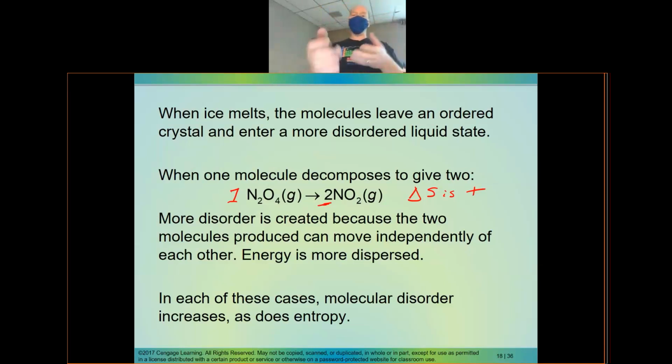You have to get your chart and take products minus reactants for delta H to determine if it is endothermic or exothermic. But we are able to predict delta S for any reaction. We can predict the sign of delta S for any reaction, but we can't always predict the sign of delta H.